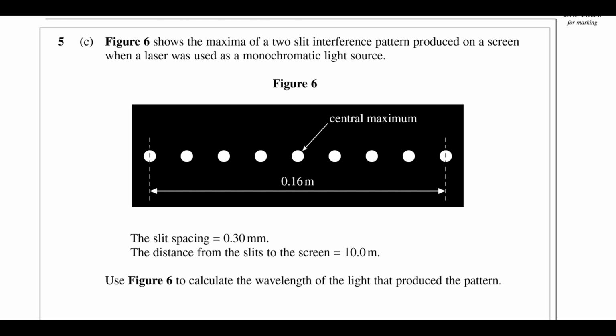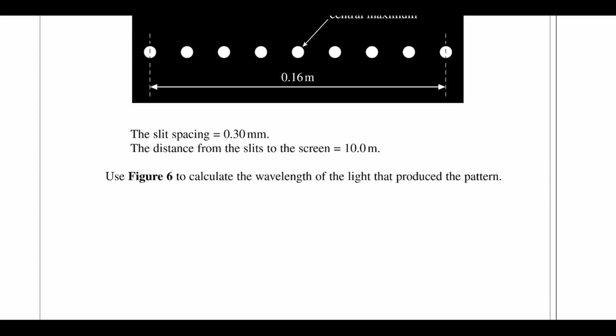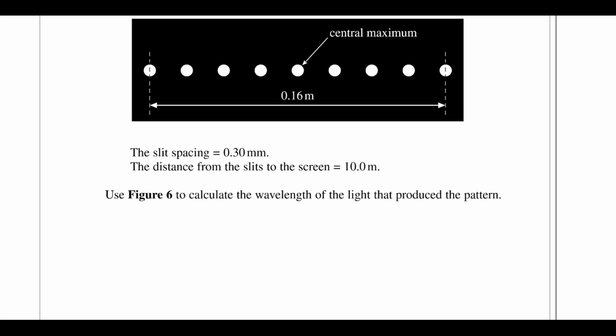So we've got a two-slit interference pattern from our monochromatic source. We've got a slit spacing of 0.3 millimeters, a distance to the screen of 10 meters. Use figure 6 to calculate the wavelength of light used. So we're going to be using w = λD/s. So λ = ws/D.